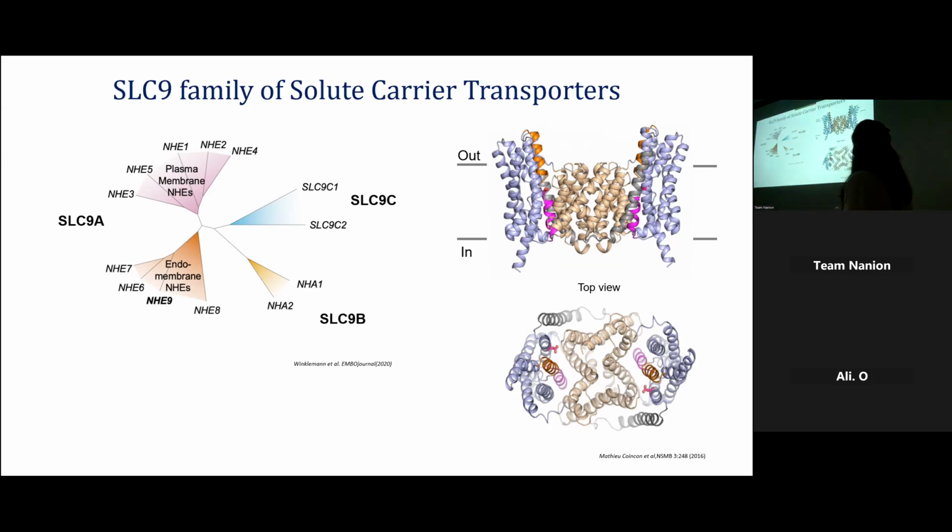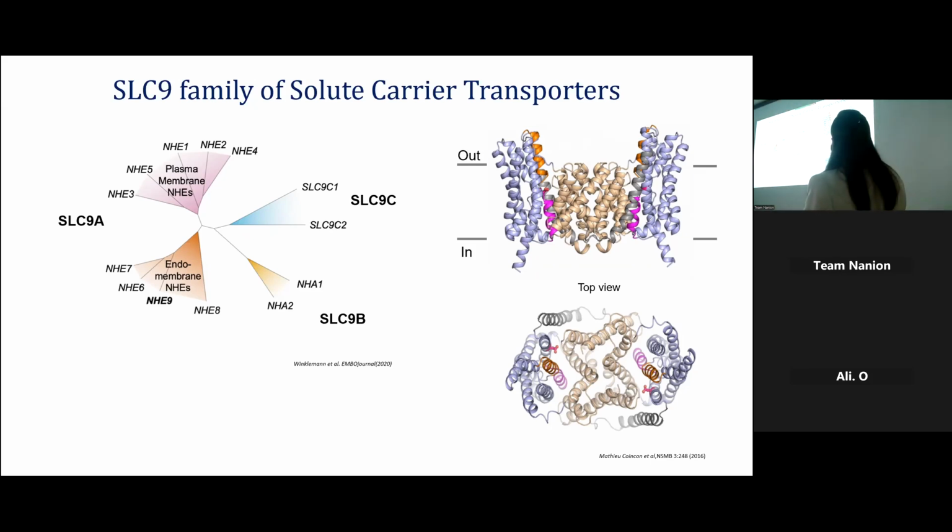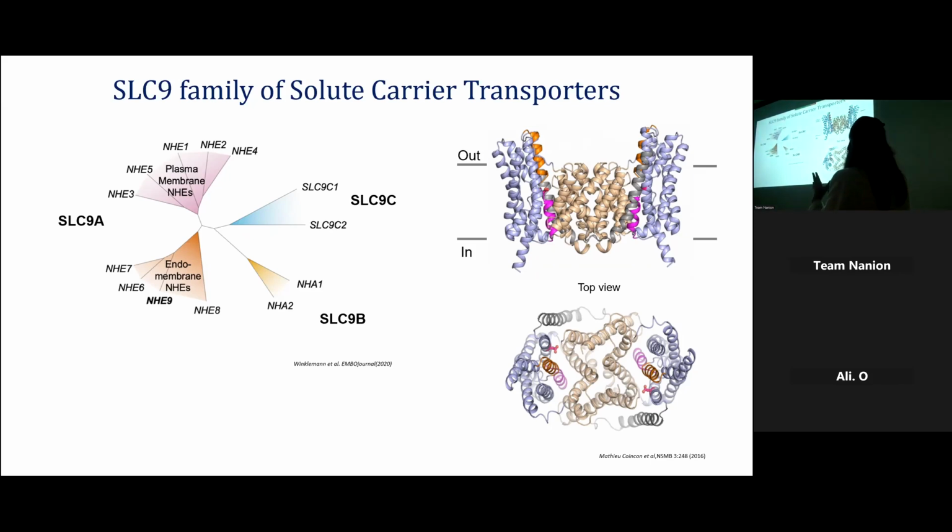Usually these sodium proton exchangers are homodimers, where they have a scaffold domain, which is kind of static, and then there is a dimer domain, which glides towards anchoring to the scaffold domain.